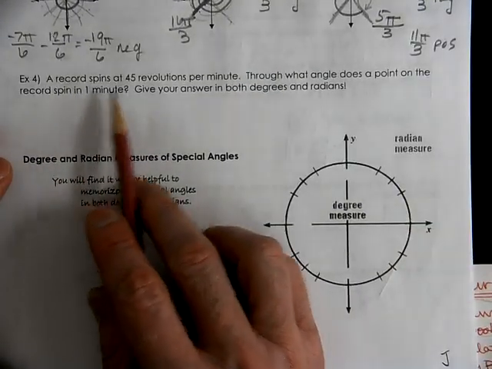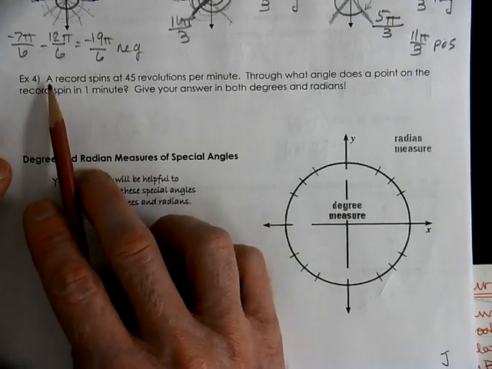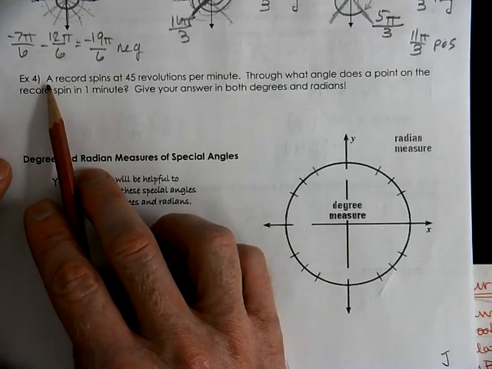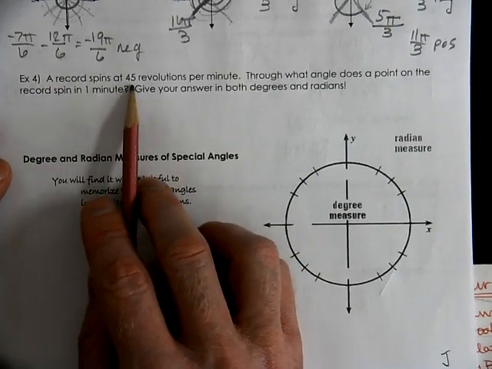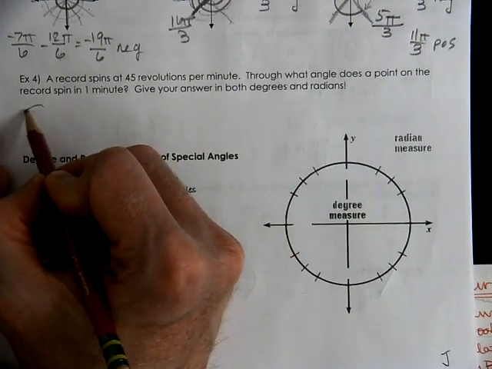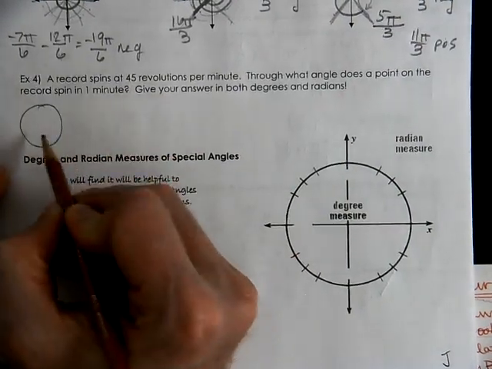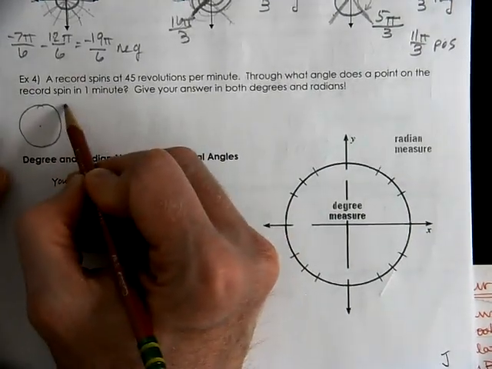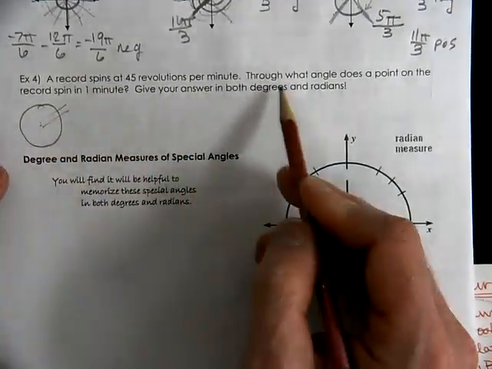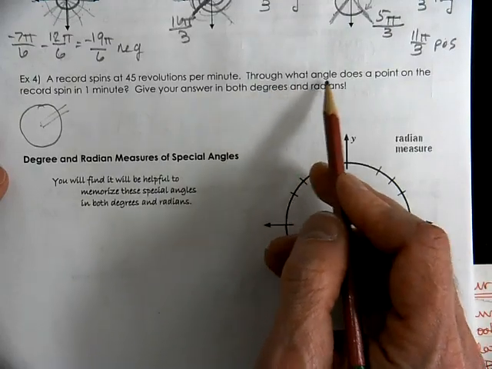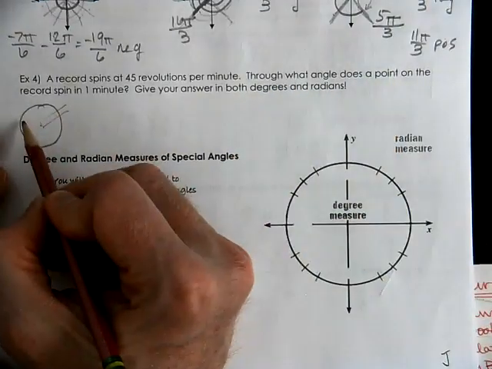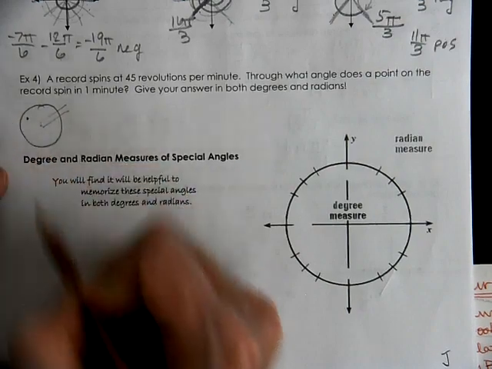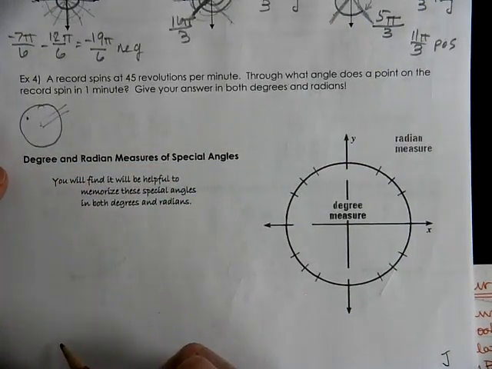Let's come on down and talk about a little story problem. A record spins at 45 revolutions per minute. Alright, so we're spinning around and around using our record player. Through what angle does a point on the record spin in 1 minute?